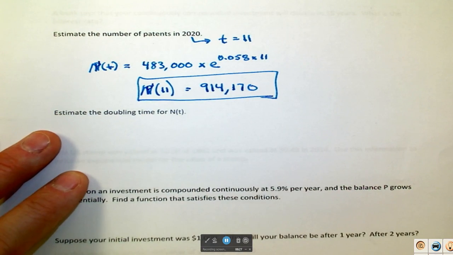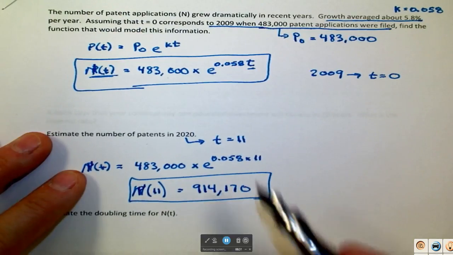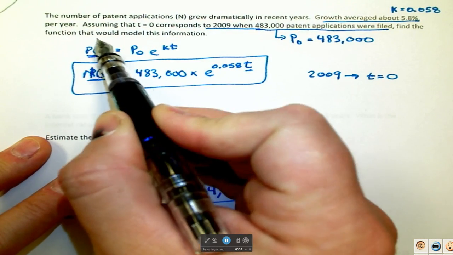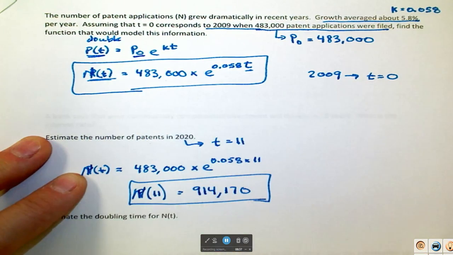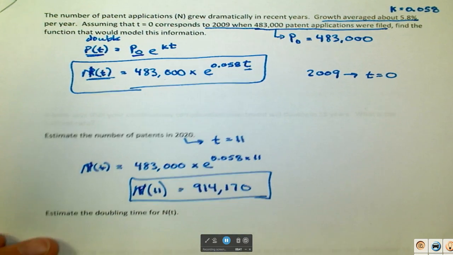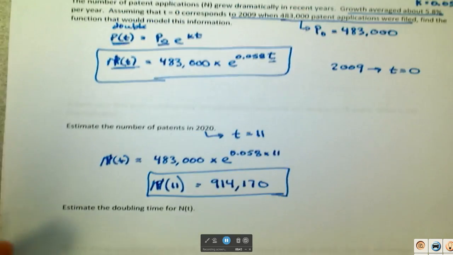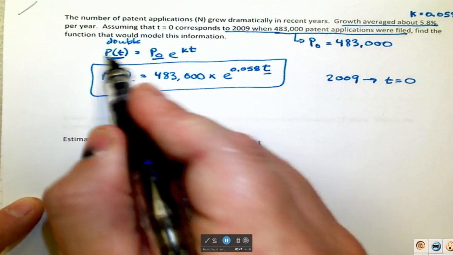So now, here's what we got to do, guys. What we're looking at is, go back to our original model. This guy is double this guy. Okay, and so here's where you have to get creative and just use numbers. You could use 5 and 10. You could use 100 and 200.